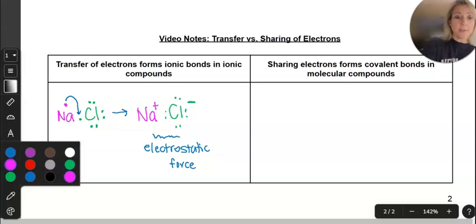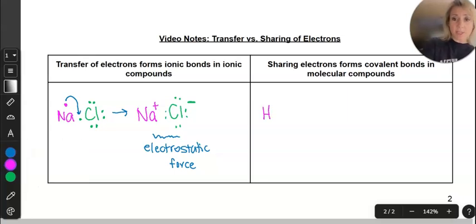And so if I have my hydrogen atom that has one valence electron, and I'm going to go ahead and use chlorine again. So chlorine, as you know, has 7 valence electrons.